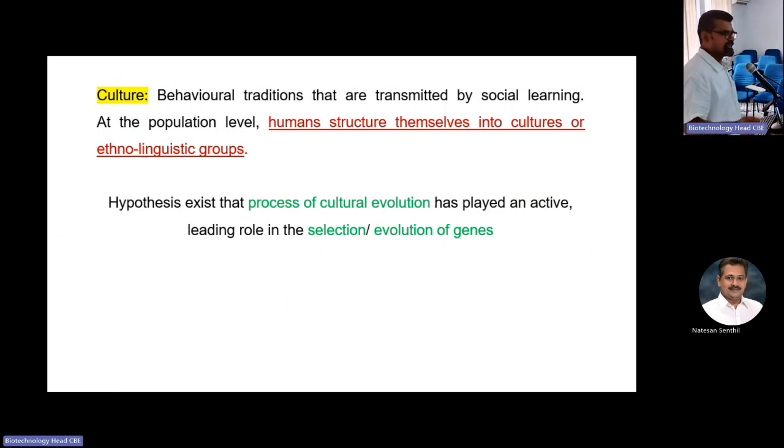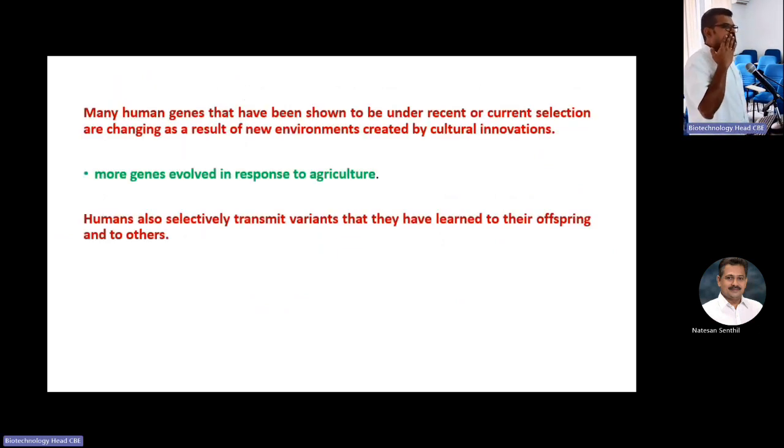So a hypothesis exists that the process of cultural evolution has played an active leading role in the evolution or selection of the genes. Many human genes that have been shown to be under recent or current selection are changing as a result of new environments created by cultural innovations.